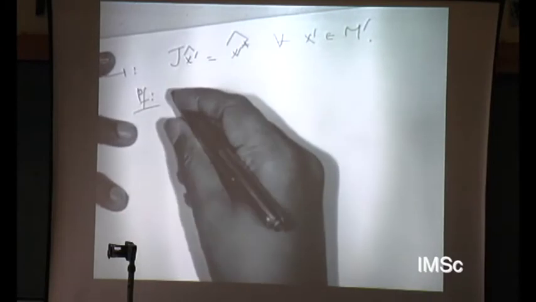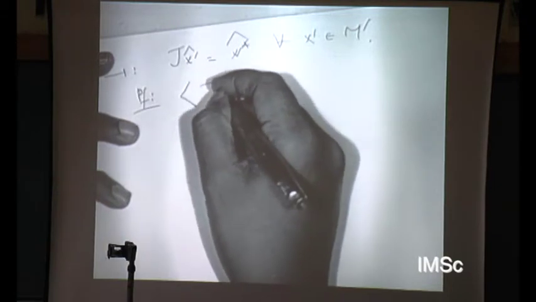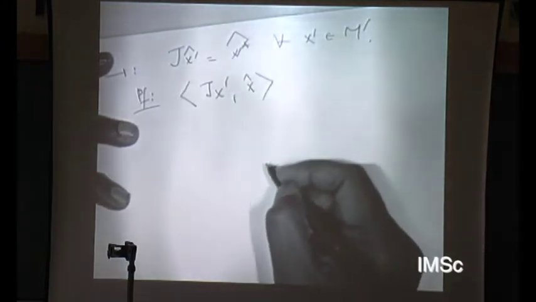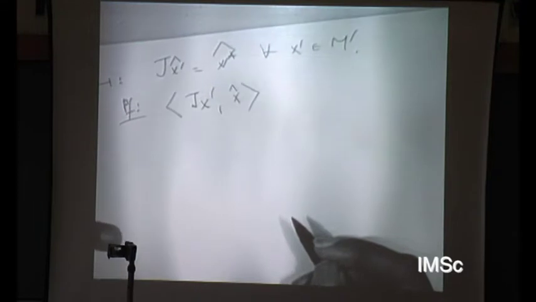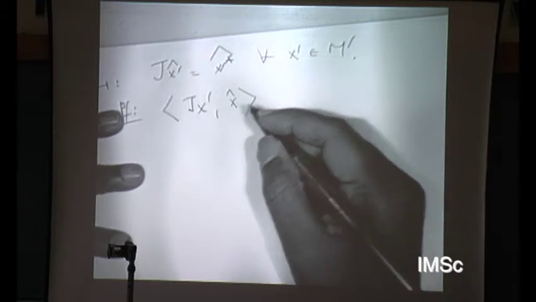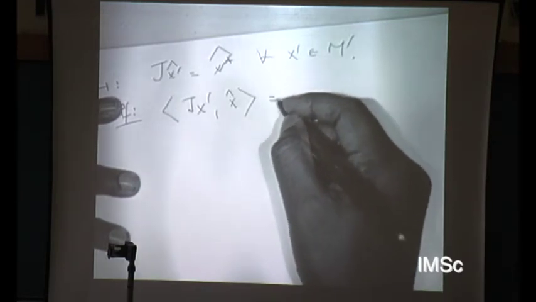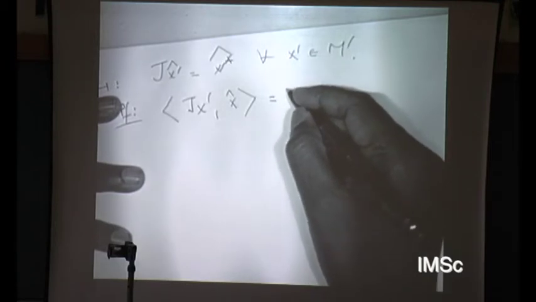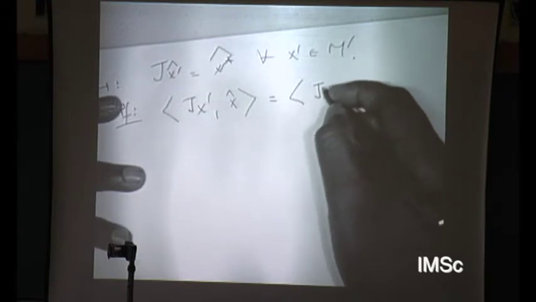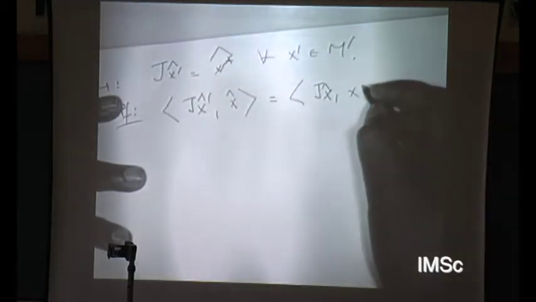So I look at what I get when I take an inner product against an x hat, where x is in M. Because J is its own adjoint, the adjoint equation will tell me that this is equal to J x hat, sorry, x prime hat.